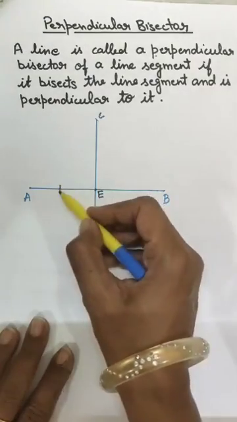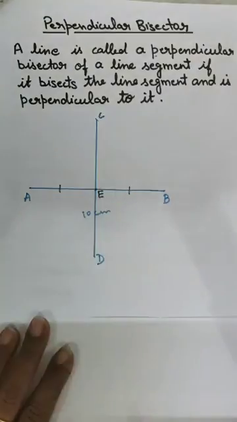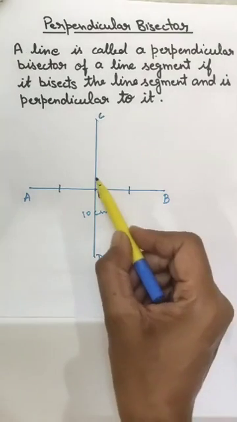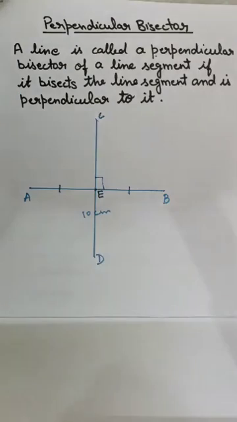This AE is equal to EB. It is bisecting, I said, that is dividing a given line segment into two equal parts. And the angle between them is also 90 degree. This angle is also 90 degree.